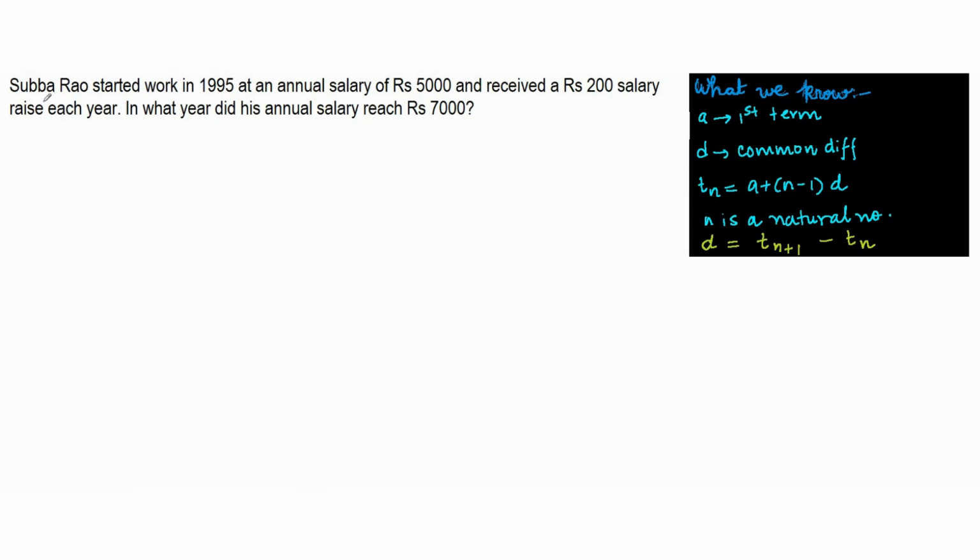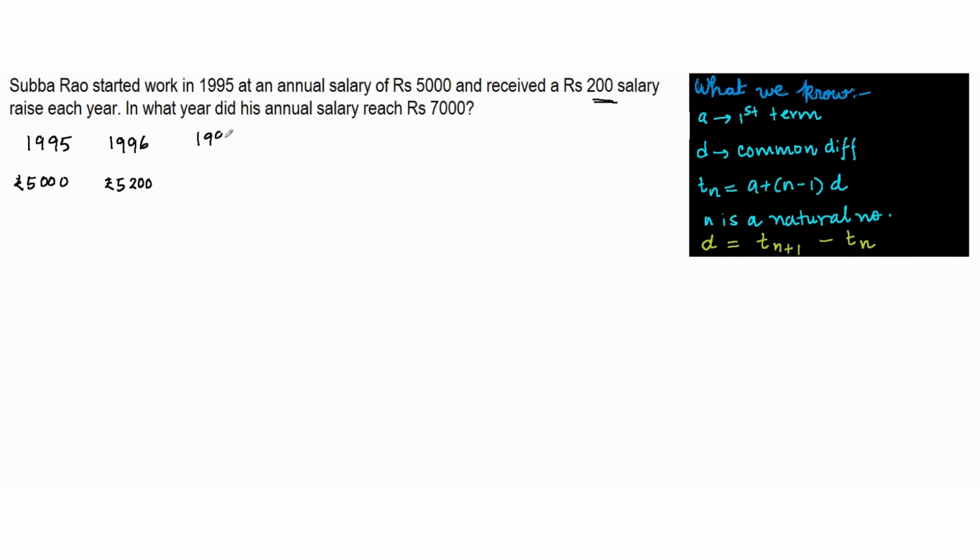Let's take a look at the following question. Subba Rao started work in 1995 at an annual salary of rupees 5,000. So in the year 1995, his salary was rupees 5,000 and he received a 200 rupees salary raise each year. So in the year 1996, his salary became rupees 5,200.